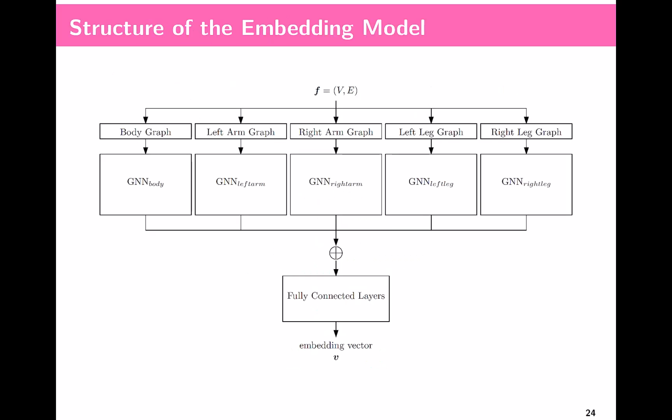These graphs are then passed through the GNN body, GNN left arm, GNN right arm, GNN left leg, GNN right leg, the graph neural networks. Then the results of each area are concatenated together and passed to the fully connected layer. As a result, we get the embedding vector V.